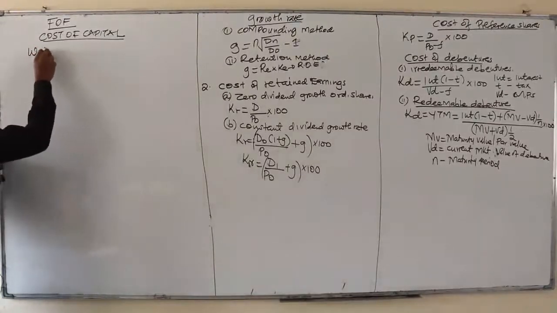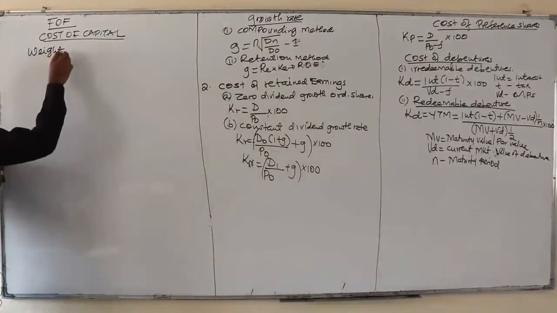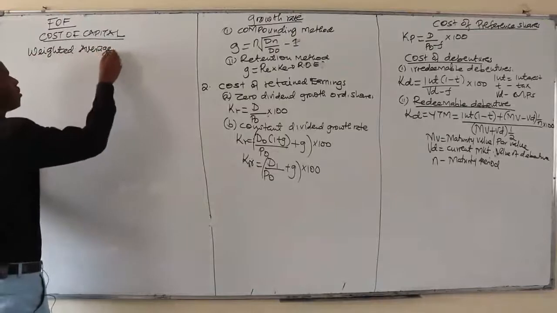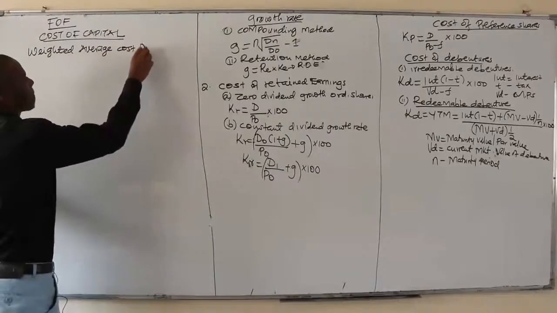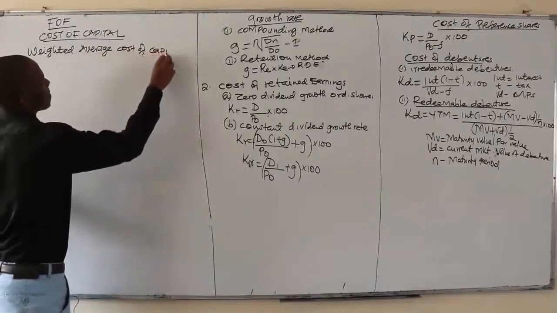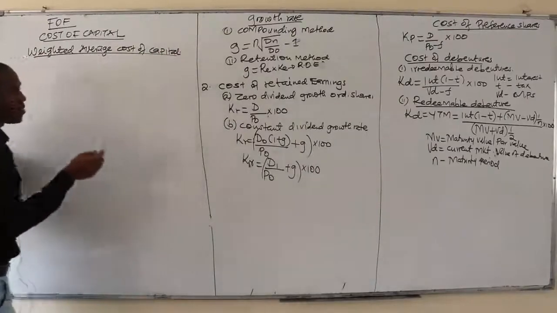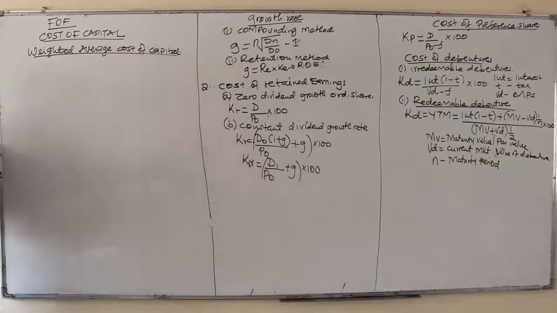Now, the weighted average cost of capital is the average cost of capital that is used in evaluating existing projects.